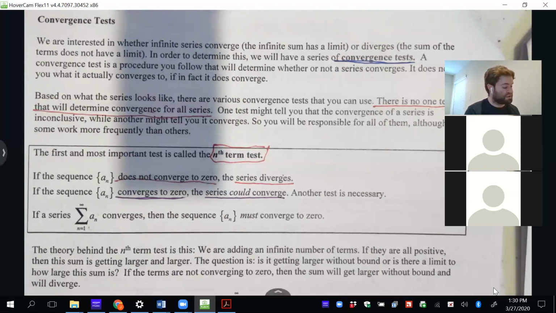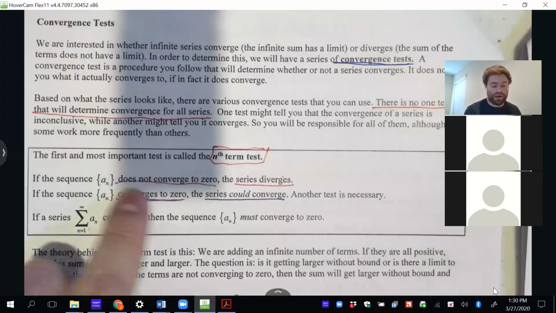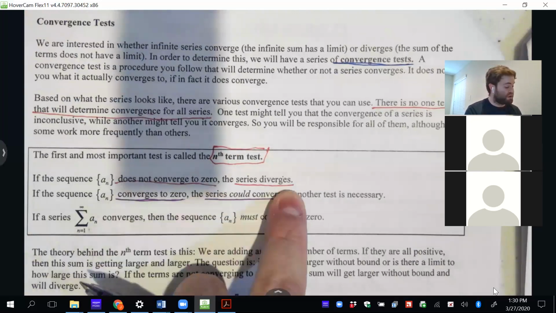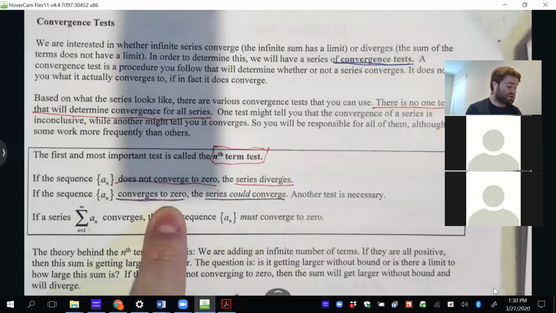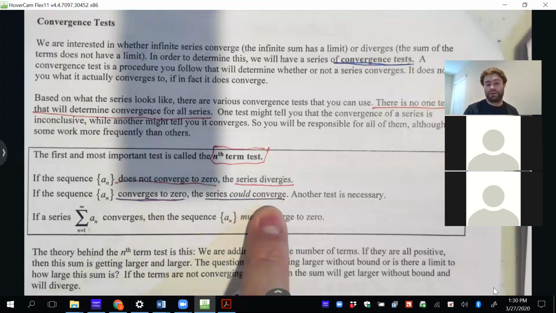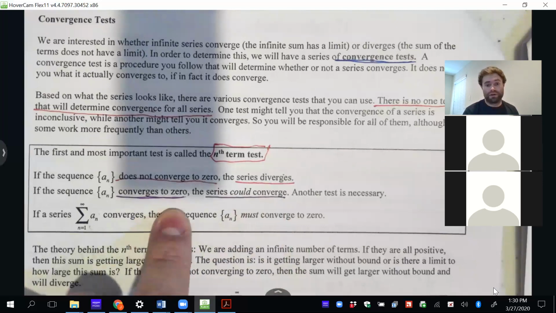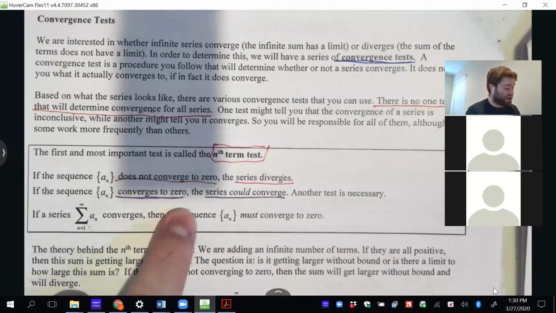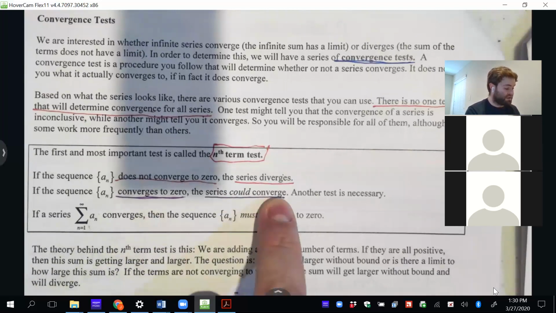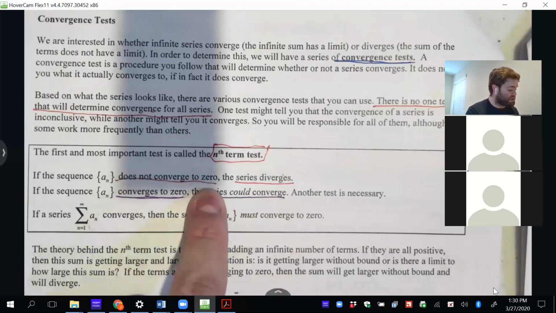The nth term test essentially just eliminates obvious divergent series, such that if it does not converge to zero, it just automatically diverges. If it converges to zero, it could converge, but it's still not official. If it does converge to zero, it still may diverge. We don't know, but it automatically diverges if the sequence does not converge to zero.